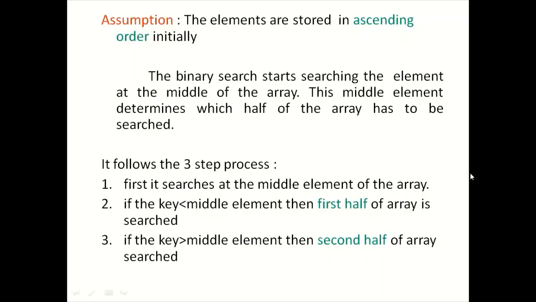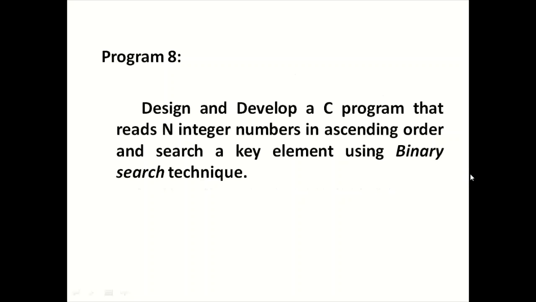Now let's see how this binary search technique is written using a program. The program takes n integer numbers as the input in ascending order, and the key element is searched using the binary search technique.